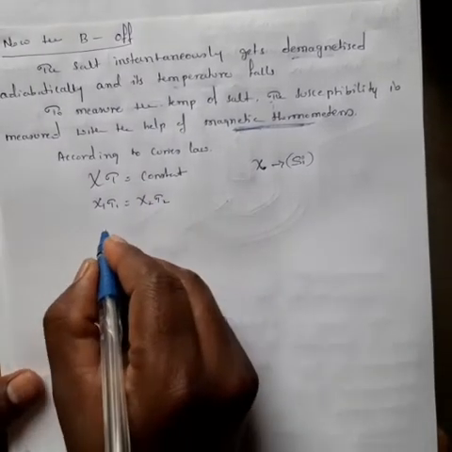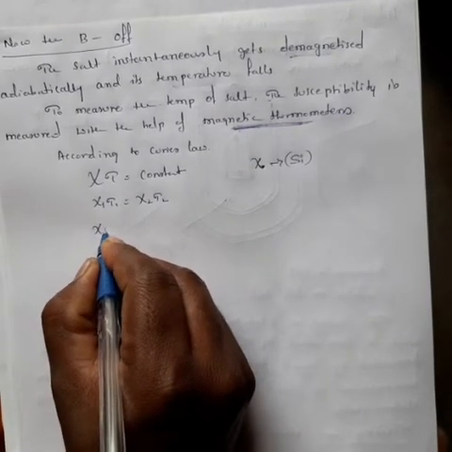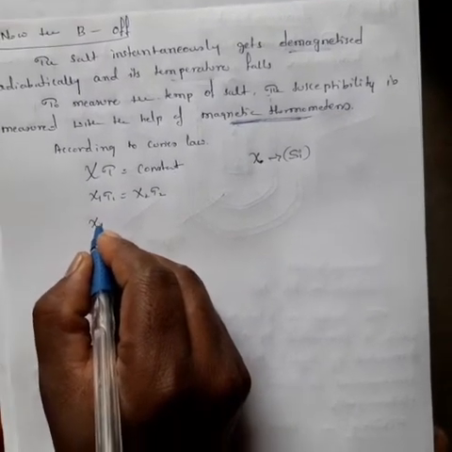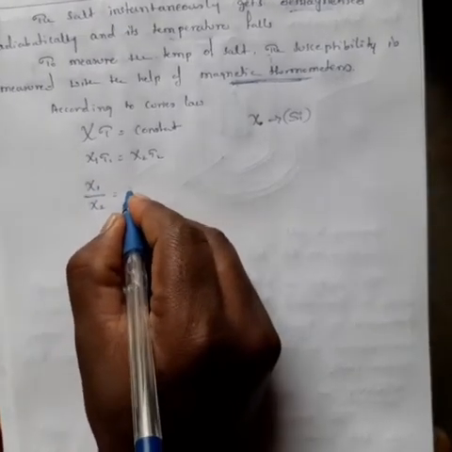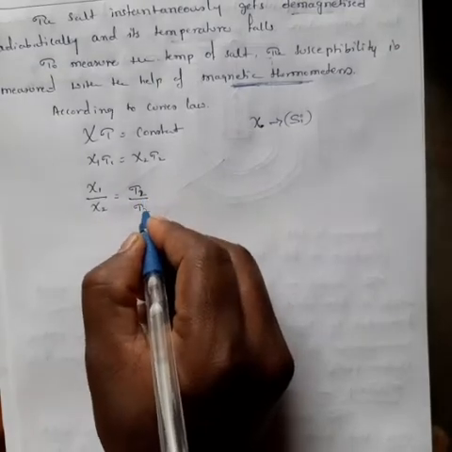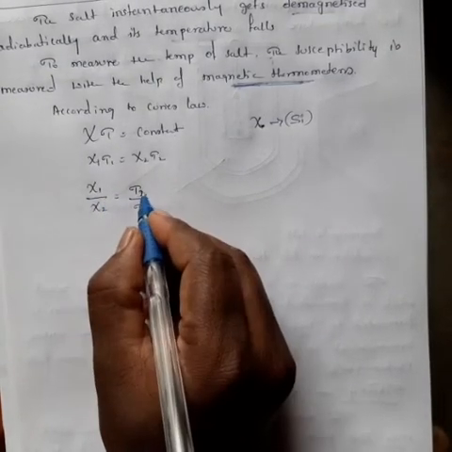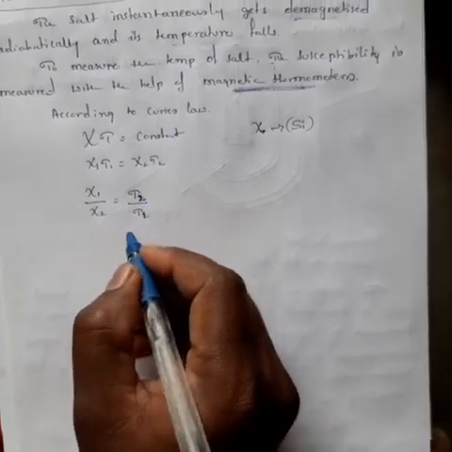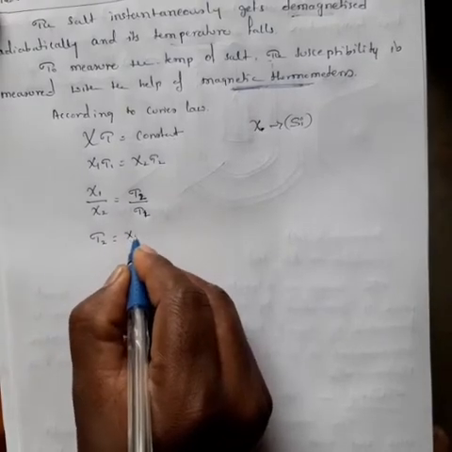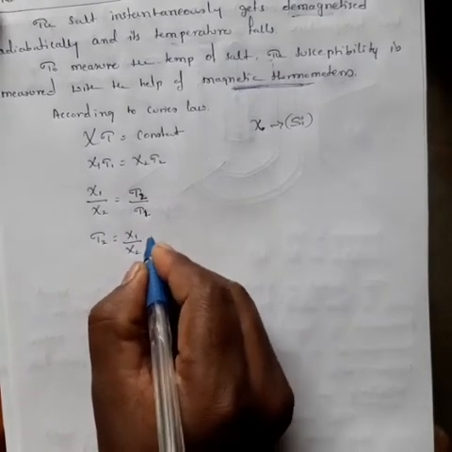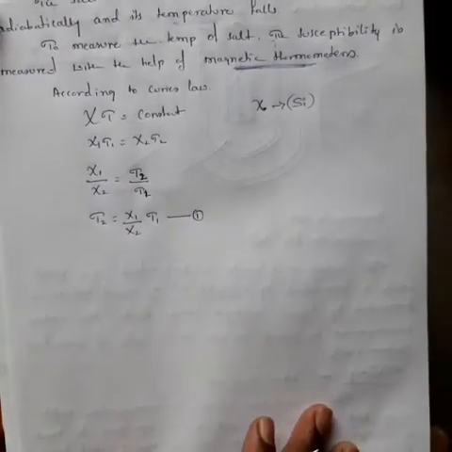Therefore psi 1 divided by psi 2 is equal to T2 divided by T1. Therefore T2 can be written as T2 is equal to psi 1 divided by psi 2 into T1. Let us consider this as equation number 1.